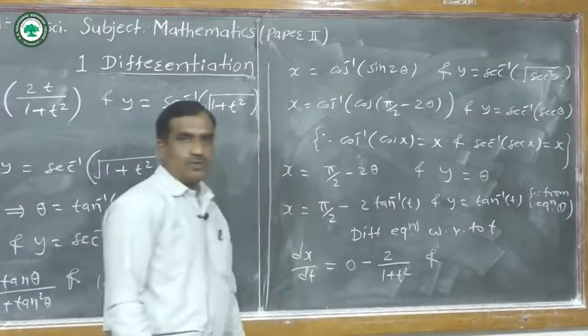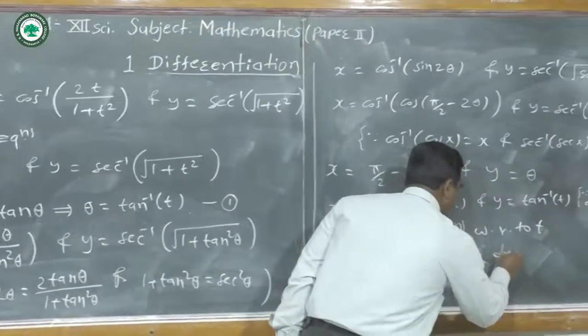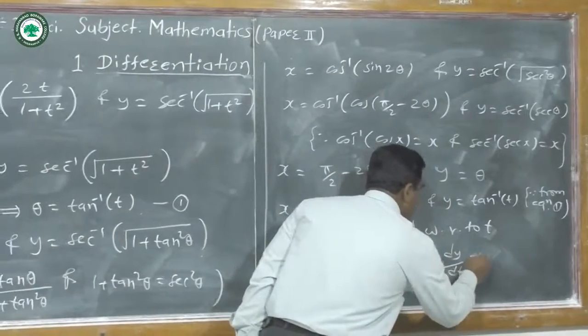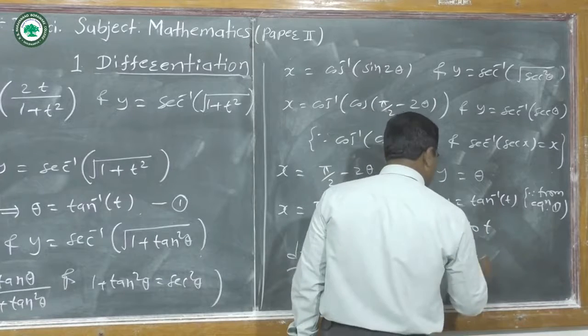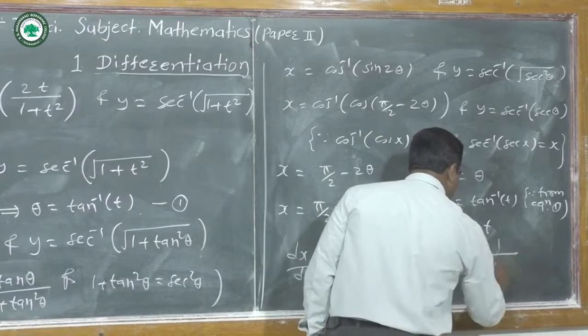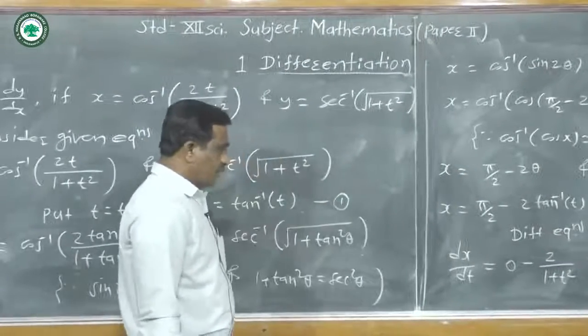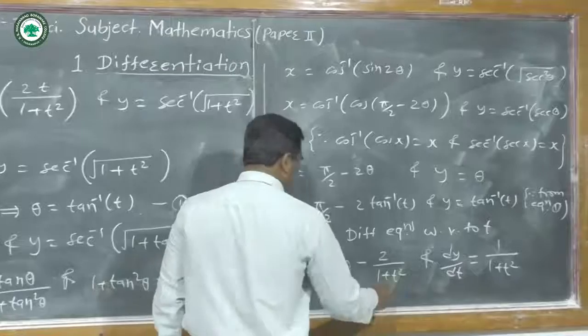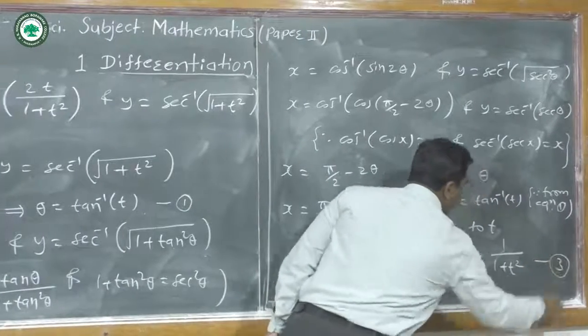And derivative of y with respect to t is dy by dt, equal to derivative of tan inverse of t, which is 1 upon 1 plus t square. Say this as equation number 2, and this is equation number 3.